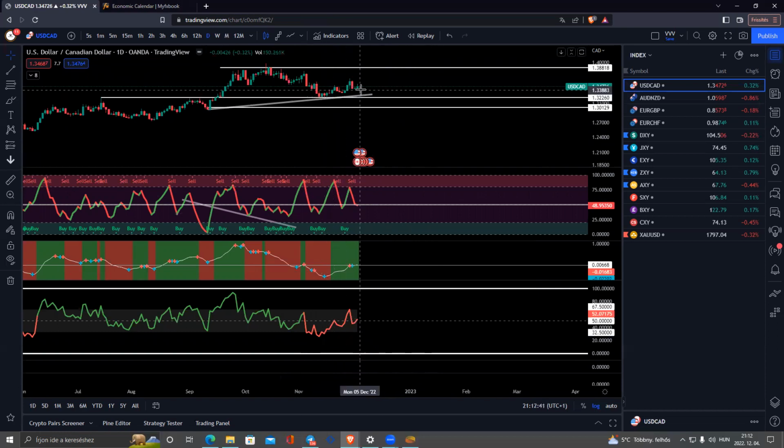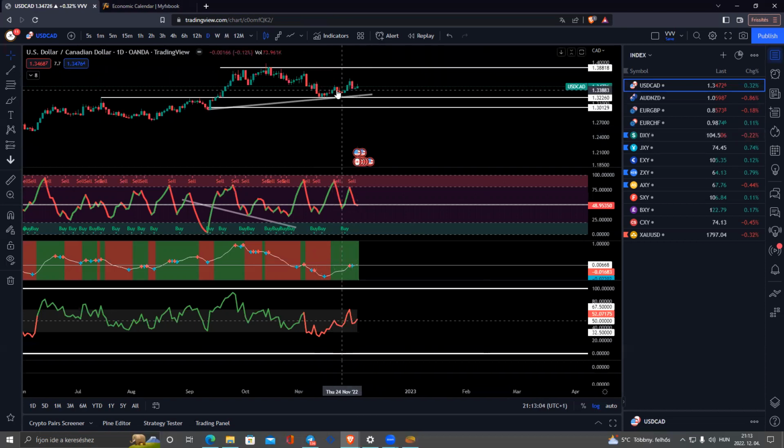So this will be a correction, and then maybe even a weaker day 5 for next week, but let's see, because as you see, the NFP was positive for the DXY.